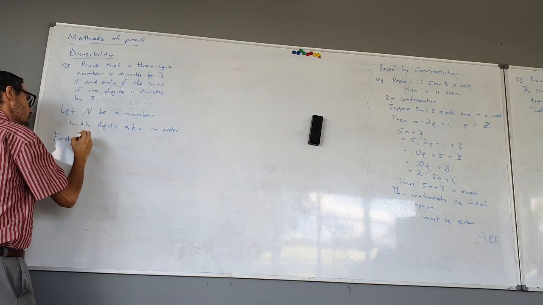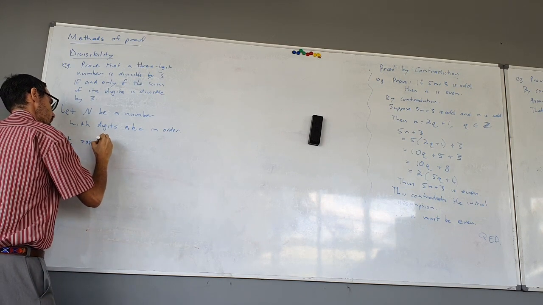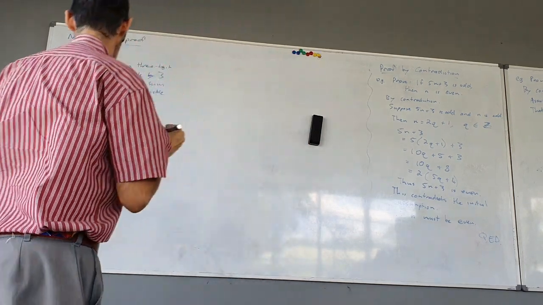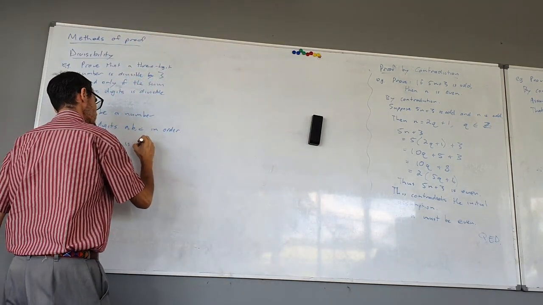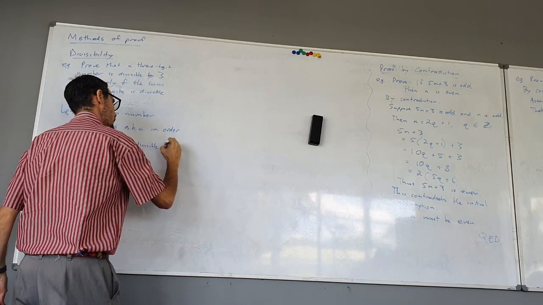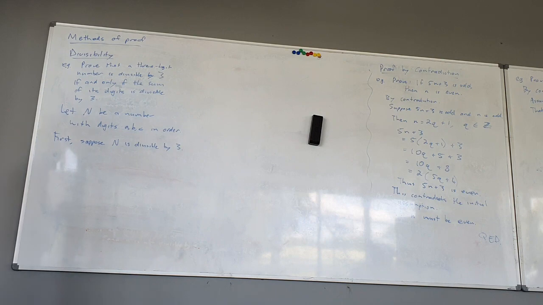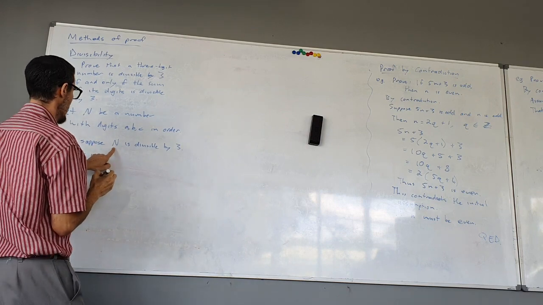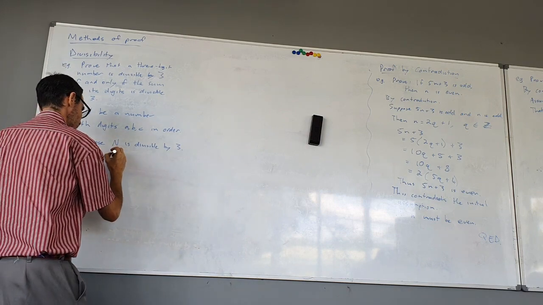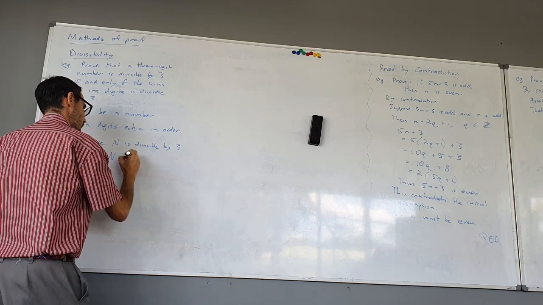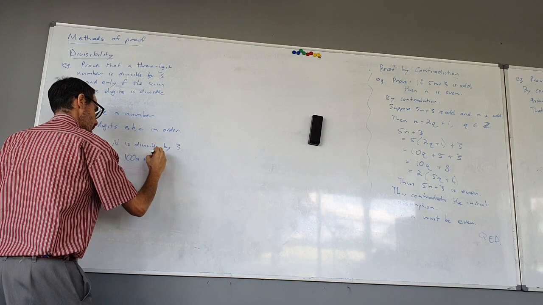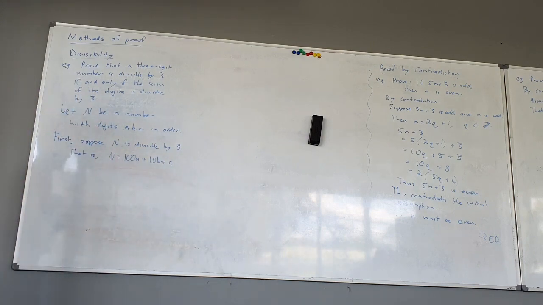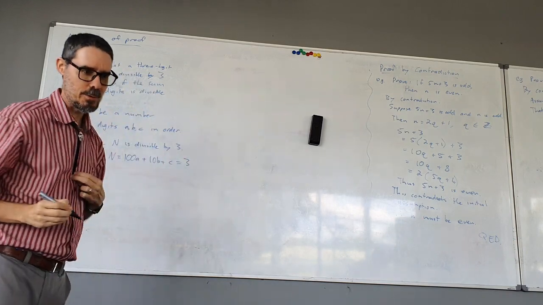First, suppose n is divisible by 3. How can I write that using some maths? n is equal to 100a plus 10b plus c, and that has to equal 3 times something.